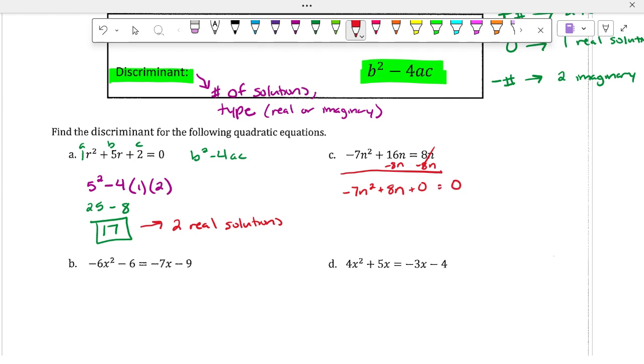All right? So this will be your a, b, and c. So I would have 8 squared, b squared, minus 4 times negative 7 times 0.